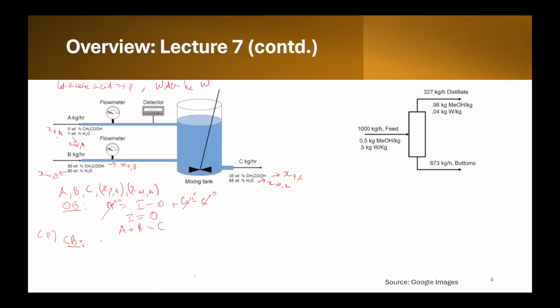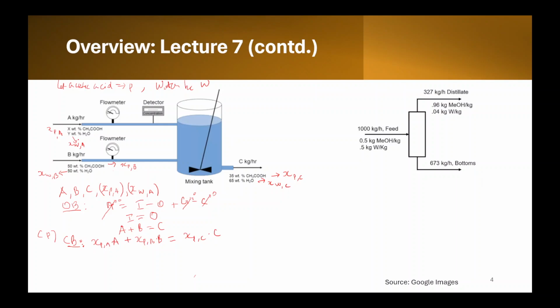This is the mass fraction: XPA into A, then the mass fraction of P in B into B, and then the mass fraction of P in C into C. So this is how you do it.